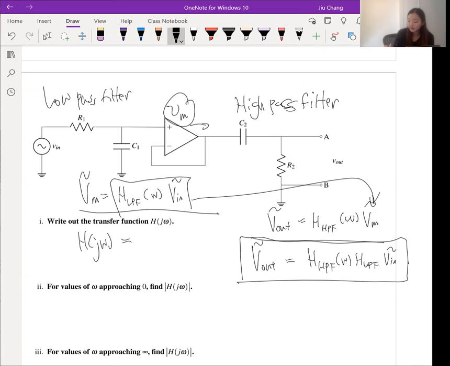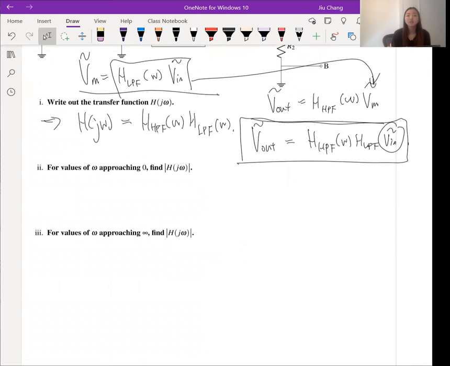So we do the same thing where we divide both sides by Vn phasor, and we get V out over Vn equal to the product of the high pass filter transfer function and the transfer function for the low pass filter. So in the future, when you see a buffer, you don't need much calculation. You could just use the product of the transfer functions for the two filters.